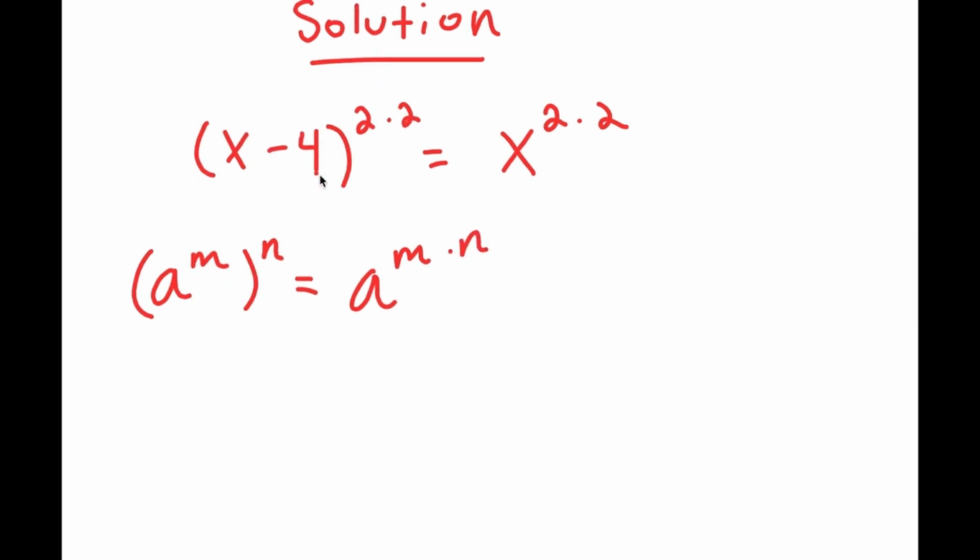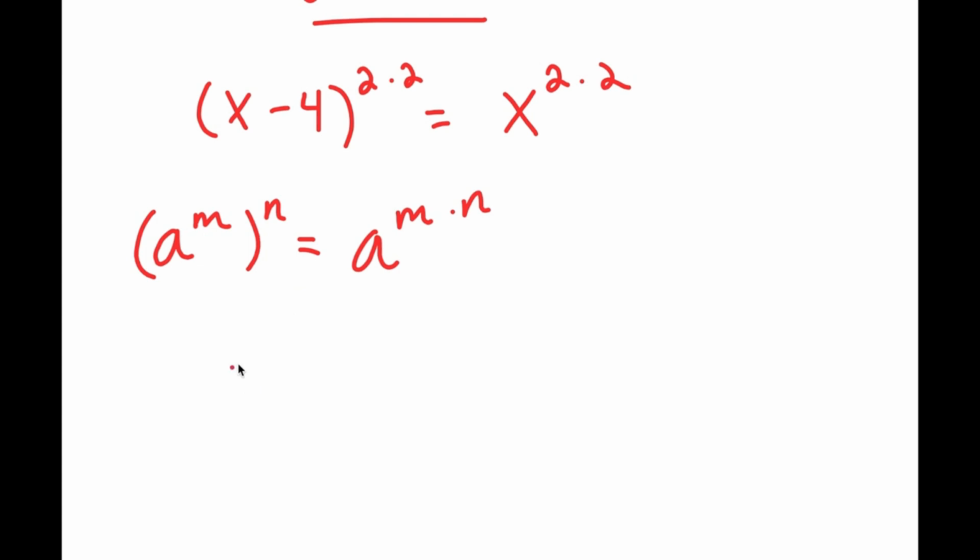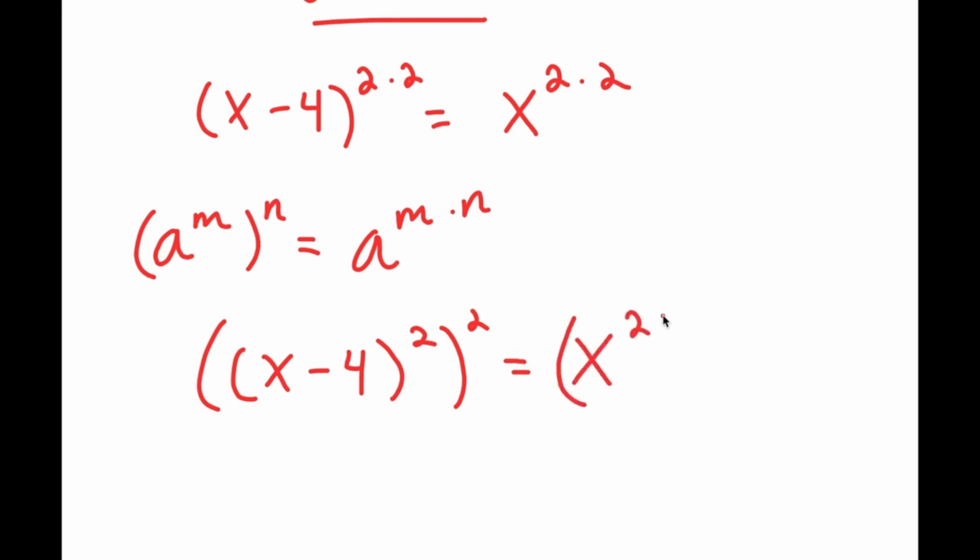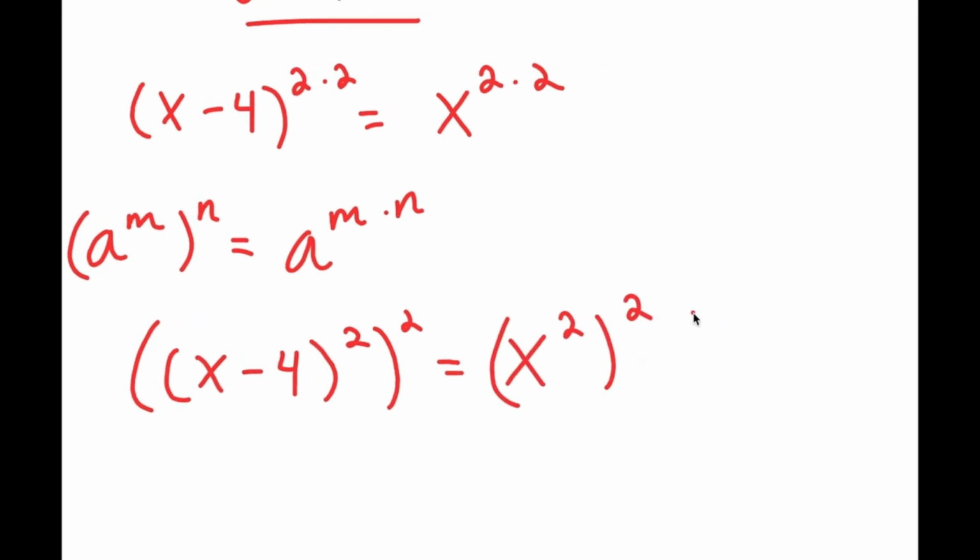So using this property, I can rewrite (x minus 4) to the power of 2 times 2 as ((x minus 4) to the power of 2) to the power of 2, and I can rewrite x to the power of 2 times 2 as (x to the power of 2) to the power of 2.